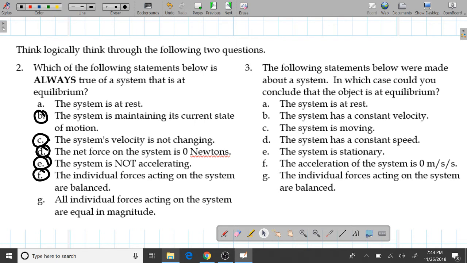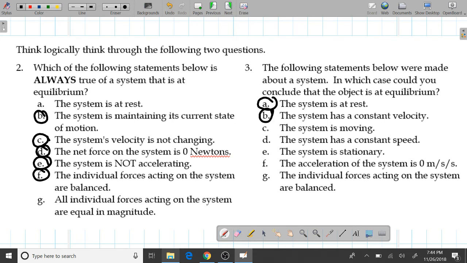So let us look at 3. 3 says, the following statements below were made about a system. In which case could you conclude that the object is at equilibrium? Well, look at A, the system is at rest. If you know the system is at rest, you can conclude the system is at equilibrium. What about B?